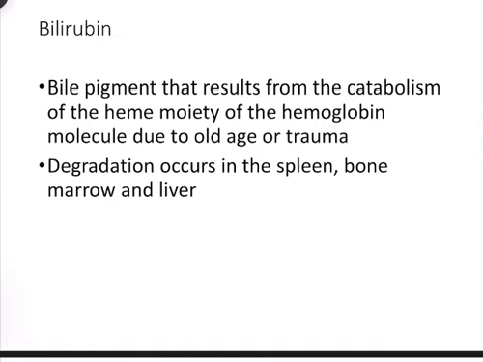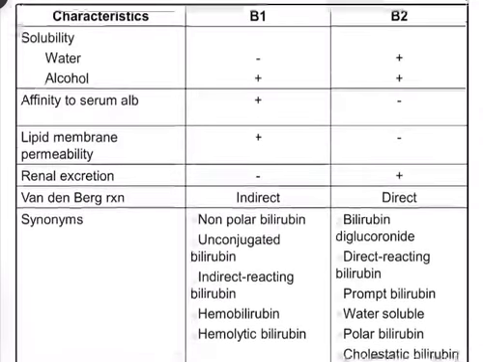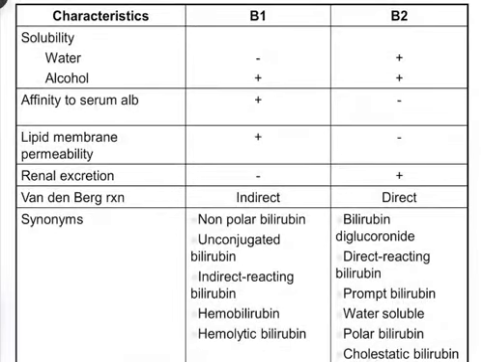Okay, you have different types of bilirubin. So you have B1 and B2. What are the characteristics of B1 and B2? For B1, it is non-water soluble. So it is not soluble with water but soluble with alcohol. While your B2 is soluble in both water and alcohol.